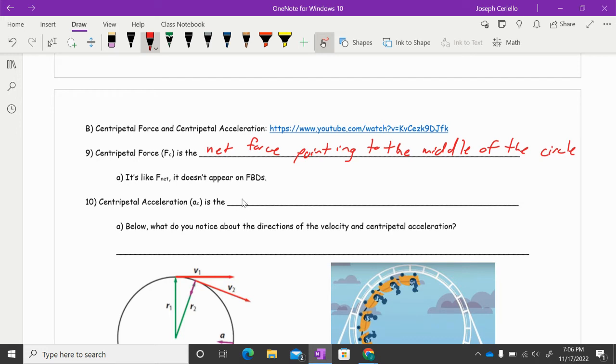Centripetal acceleration is the acceleration of an object that is moving in a circle.